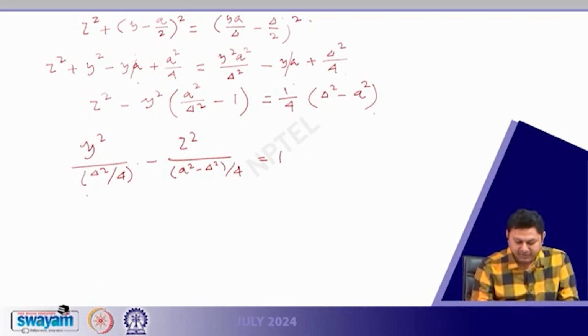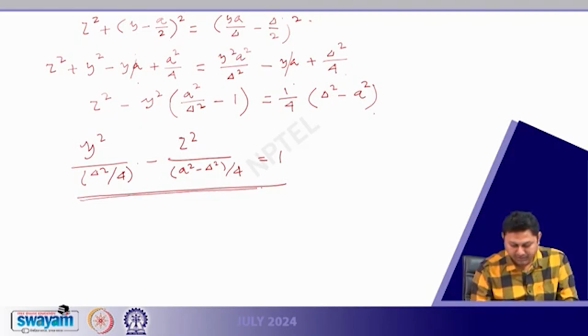So, this is an equation in the YZ plane: if I shift the point P, how will the point P behave, or what is the locus of this point P when a is fixed and delta is the corresponding path difference.